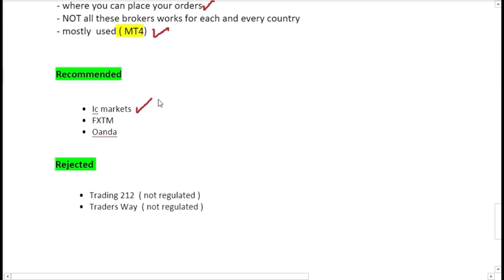So I know what type of order book they use. The recommended ones are mostly regulated, but the ones that we reject here are not usually regulated. So if you lose your money, there's no way to claim it, right? Let's go to the next slide.